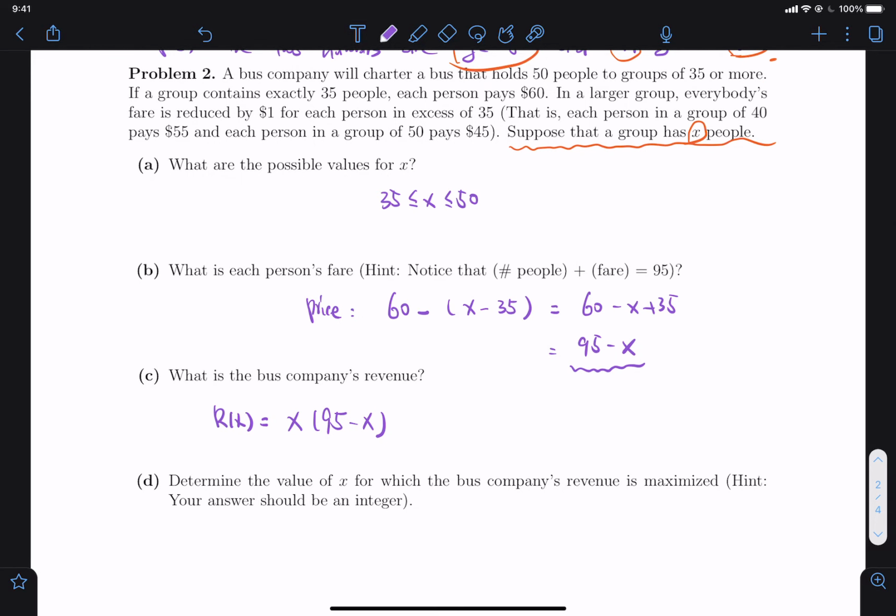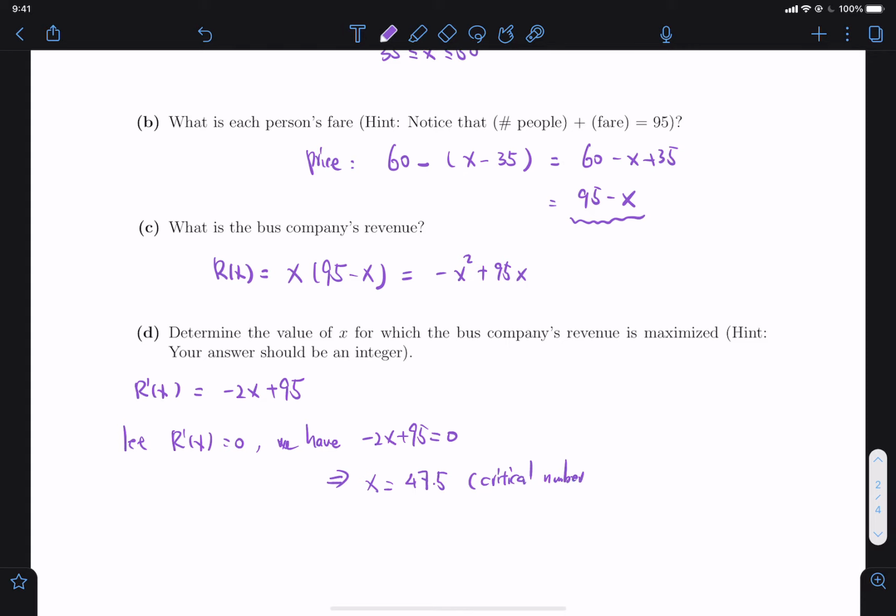We have negative 2x plus 95 equal to 0, which tells us that x is equal to 47.5. So this is the critical number. Now we're going to plug in the endpoints and also the critical number to use the closed interval method to find the max or min.